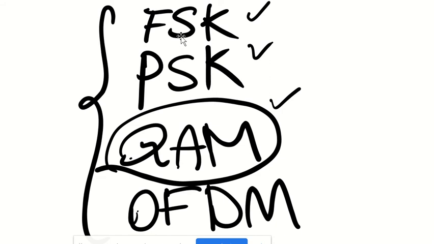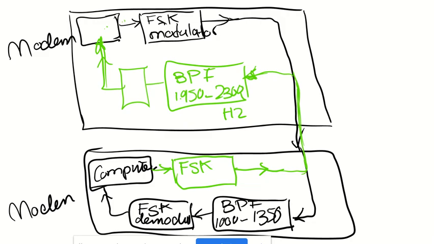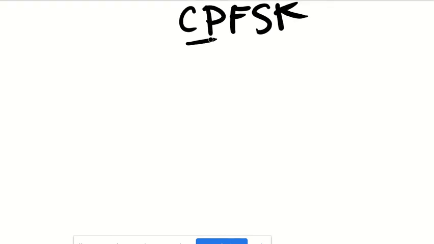So to overcome this for FSK, they developed another technique to decrease the bandwidth, called CPFSK. It's FSK with a CP here.